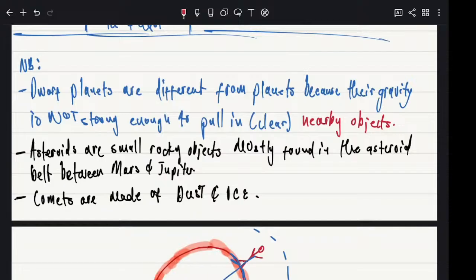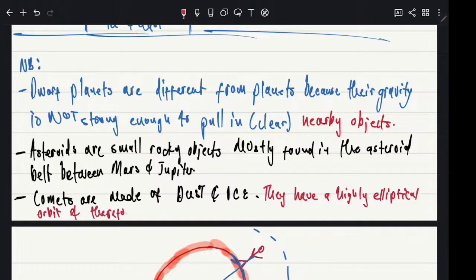It is an irregular circle type thing. So they have a highly elliptical orbit, and therefore sometimes come close to the sun.